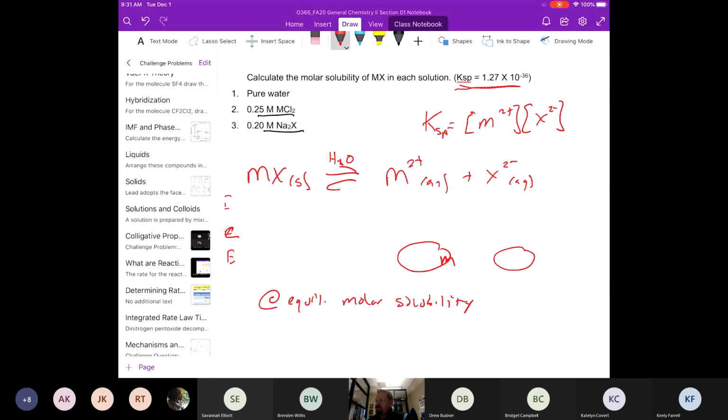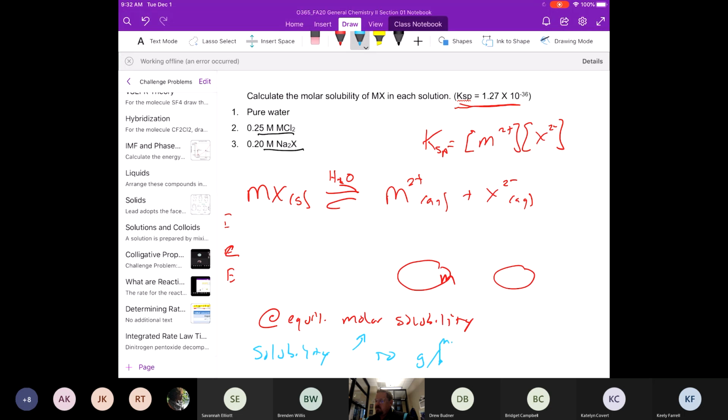The solubility is that we convert this molar solubility to grams per milliliter, assuming the mass is the solid.